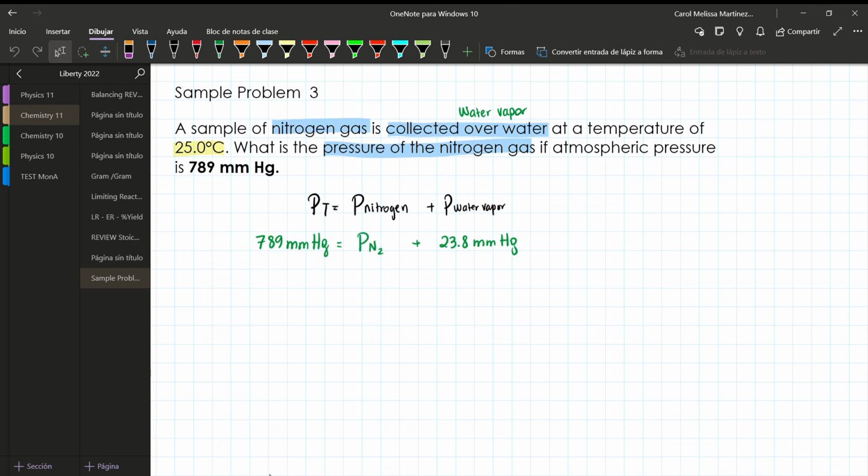So the pressure of nitrogen then is going to be equal to 789 millimeters of mercury. And what do I do with water? I add or I subtract? I subtract 23.8 millimeters of mercury.